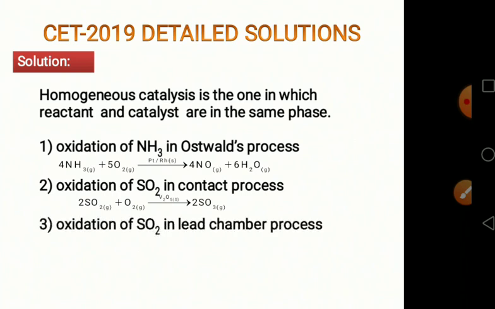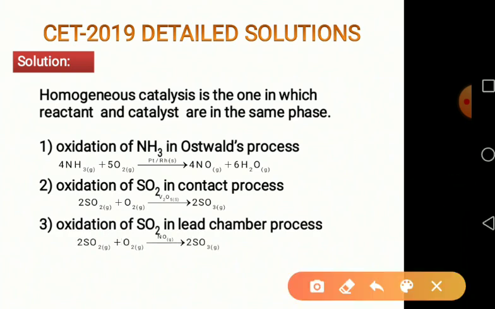Third one, oxidation of SO2 in lead chamber process. Remember, very important, in this case NO is the catalyst: gas, gas, gas. So the same phase is there. Hence in this case it is homogeneous catalysis.